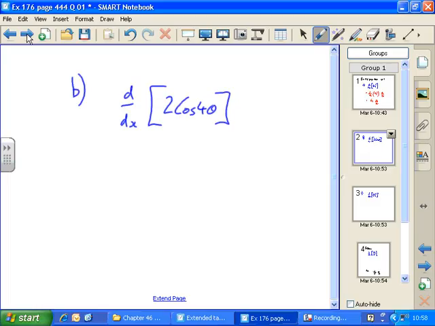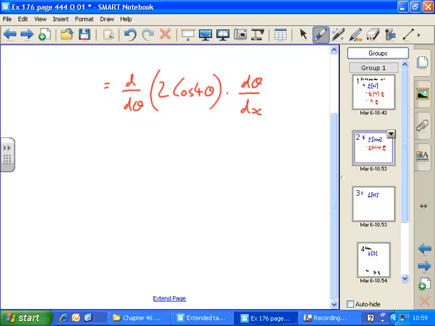Part B, differentiate with respect to x the function 2 cos 4 theta. Well, what I need to do now is to differentiate in terms of theta, which is the variable inside the function. So this equals d by d theta of 2 cos 4 theta, and then multiply that by d theta by dx.